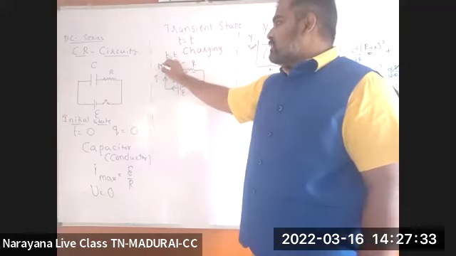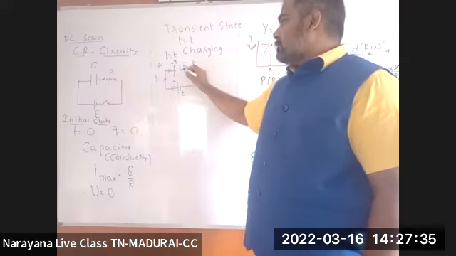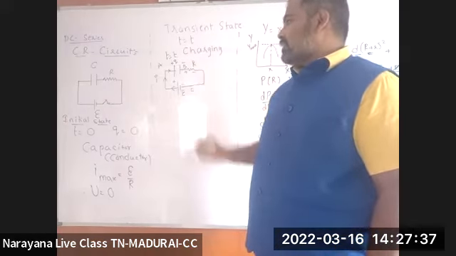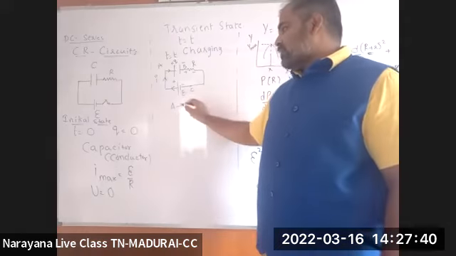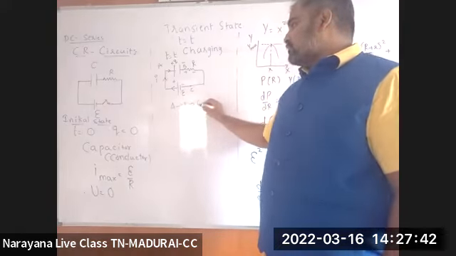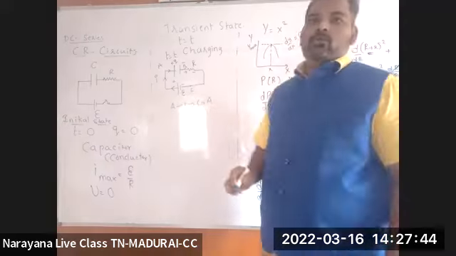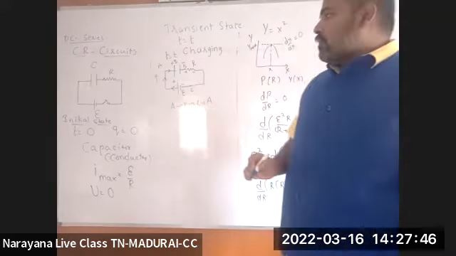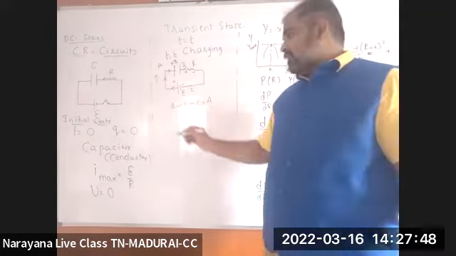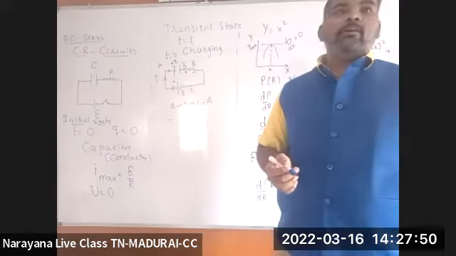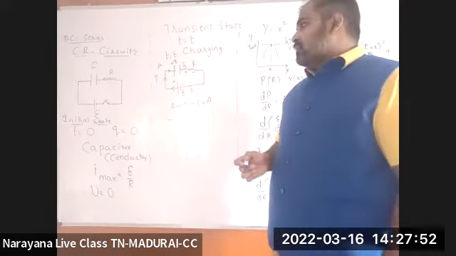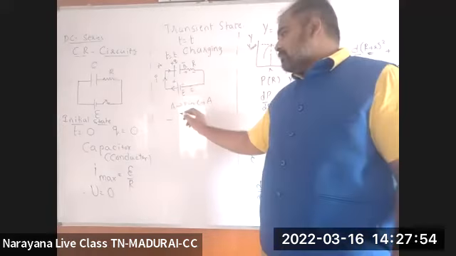I will assume this junction A, this is junction B, this is junction C. How should I walk? Your choice: A to B and B to C, then finally back to A. A to B, when you are walking, is the potential increasing or decreasing? Decreasing. Decrement means we put a minus. What is the potential drop across the capacitor?